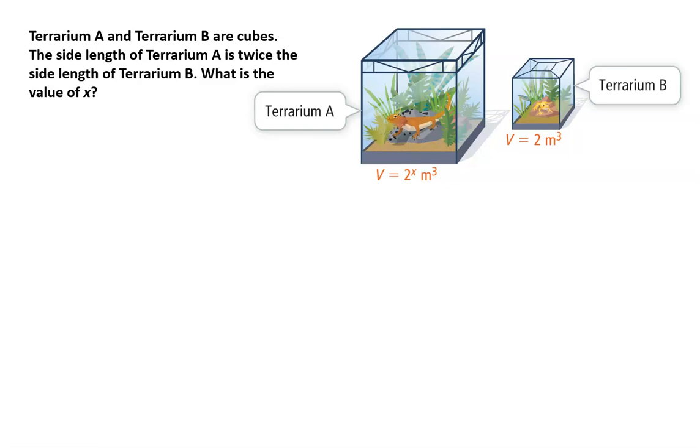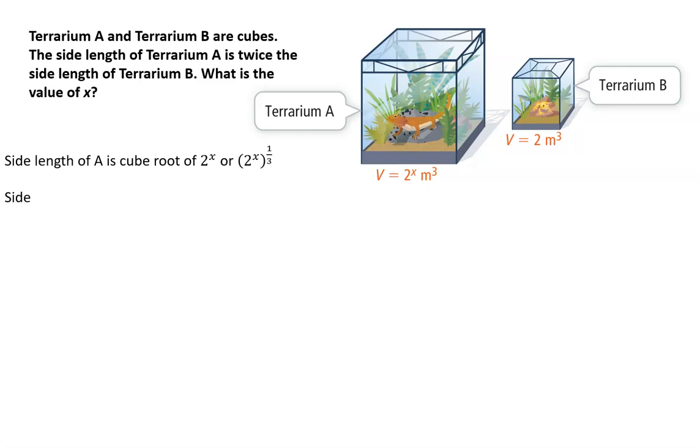Well, since the volume is 2 to the x power, the side length would be the cube root of 2 to the x. And we can write the cube root as to the 1/3 power. So the side length of terrarium A is the cube root of 2 to the x, or 2 to the x to the 1/3 power.